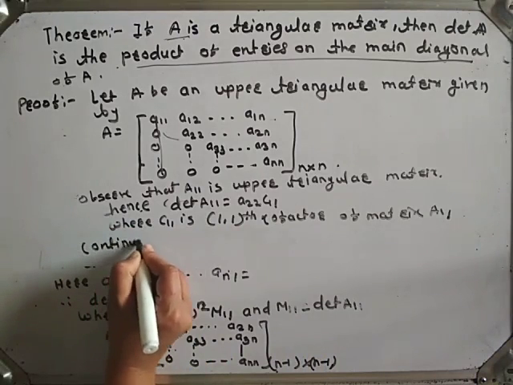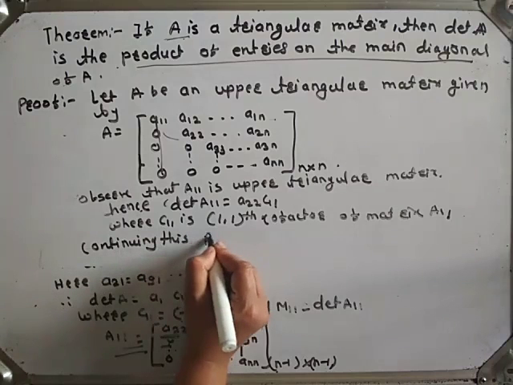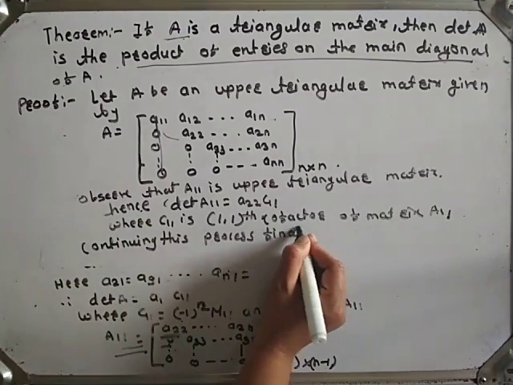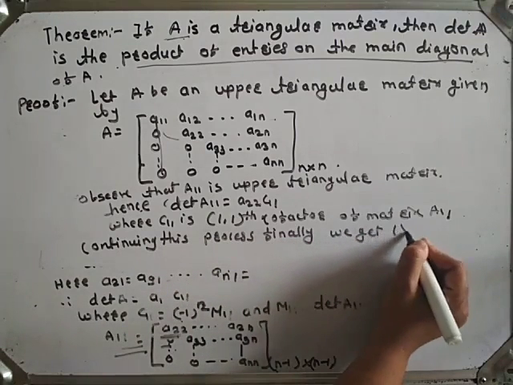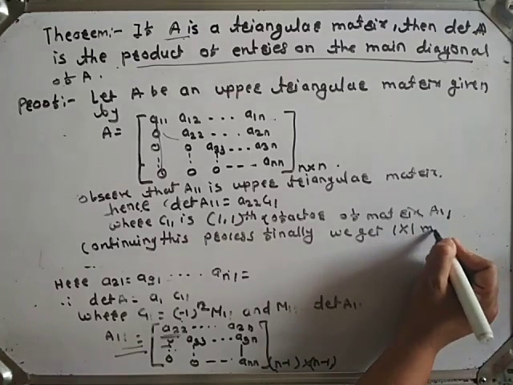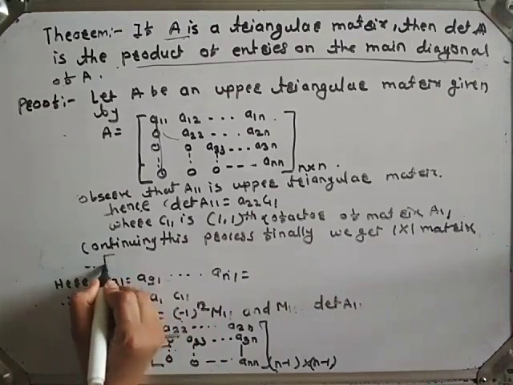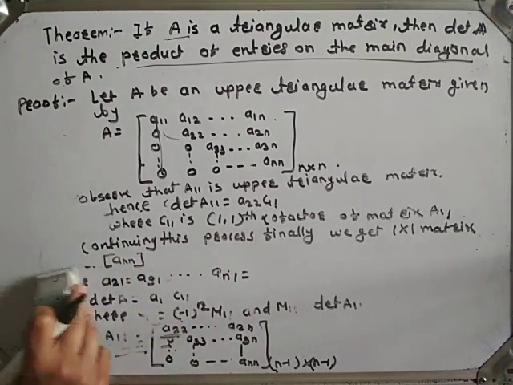Continuing this process, finally we get a 1 by 1 matrix Ann.